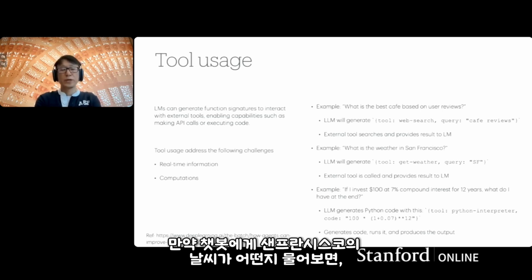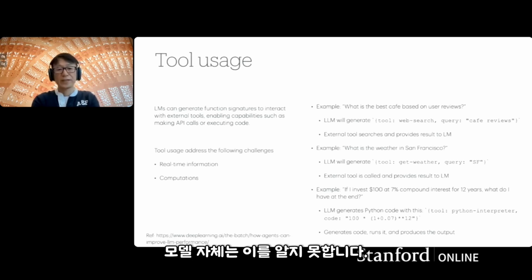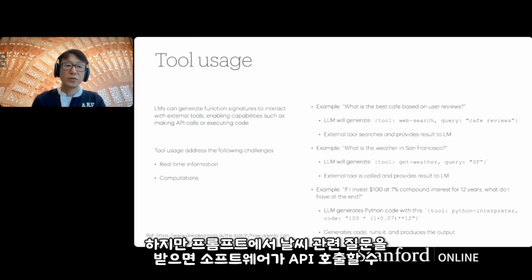Let's look at an example here. If you have an AI chatbot and you ask what the weather is in, say, San Francisco, the model will not know it by itself.